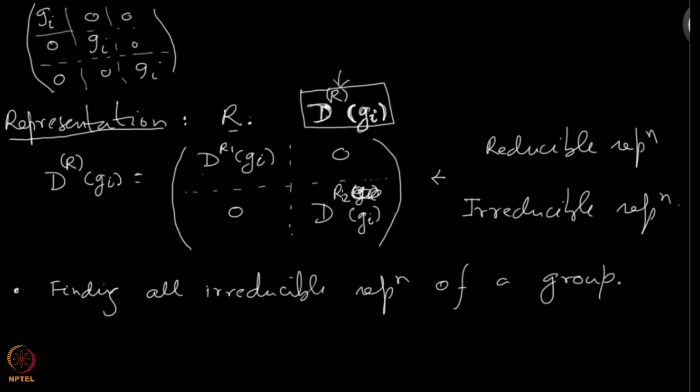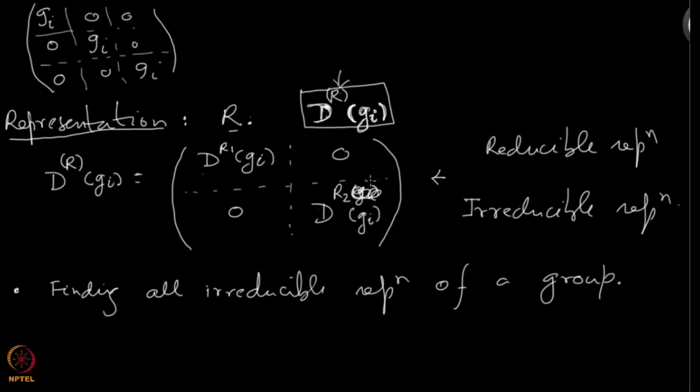These matrices are from another representation, and if you put them together like this in two blocks in this matrix, that will also form a representation, because when you multiply such matrices, the multiplication will happen in the respective blocks. And because these form a representation, this entire thing will also form a representation.